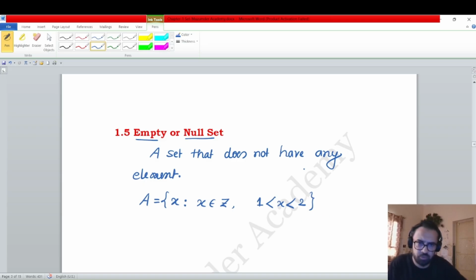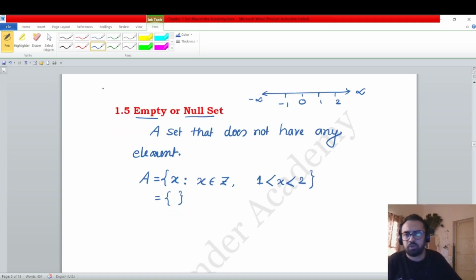Because if you see the integer line, you can see the set of integers 0, 1, 2, -1, and this goes from minus infinity to plus infinity. In between 1 and 2 there is no other integer. So this set A is an empty set. It is a blank set. There is nothing inside this set. So this kind of set is called an empty set.